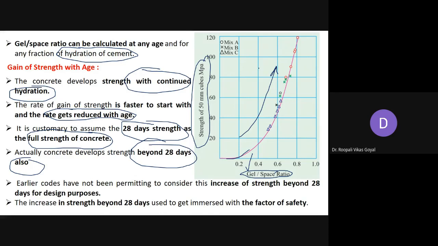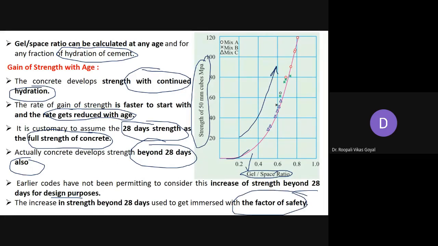Earlier codes did not permit considering this increase of strength beyond 28 days for design. We have no need to consider whatever increase happens beyond 28 days, and that increase used to be absorbed in the factor of safety.